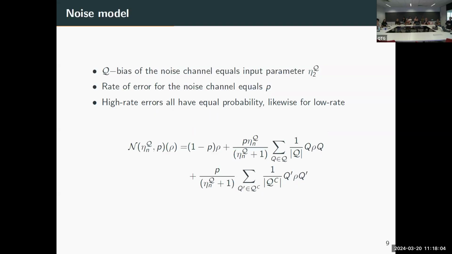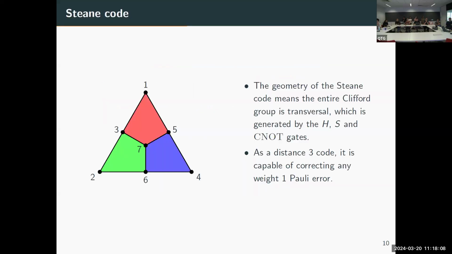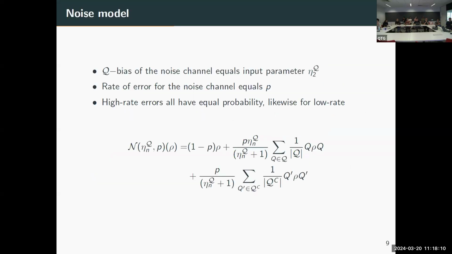And in our case, we're going to be looking especially at 2-qubit bias across CNOTs, right? Entangling gates. For a lot of architectures, entangling gates are the predominant noise.